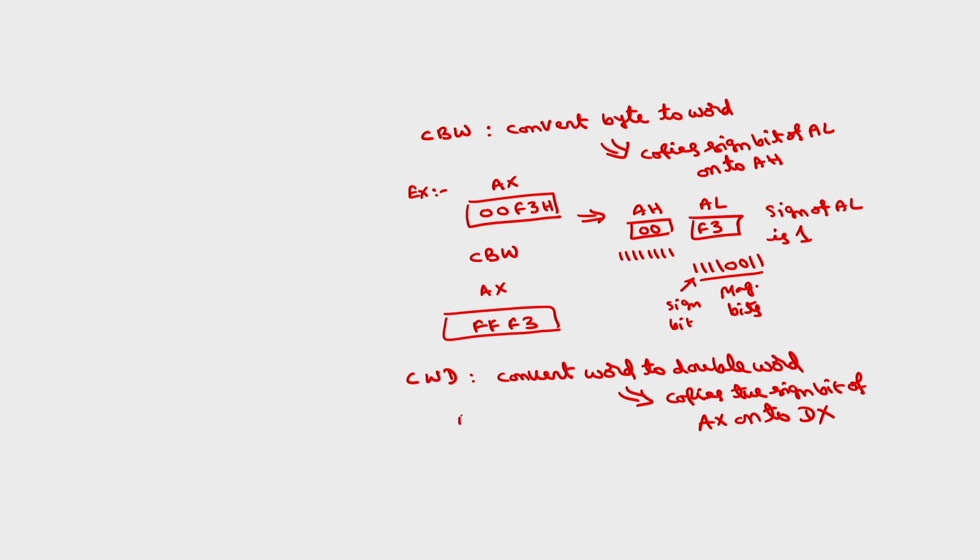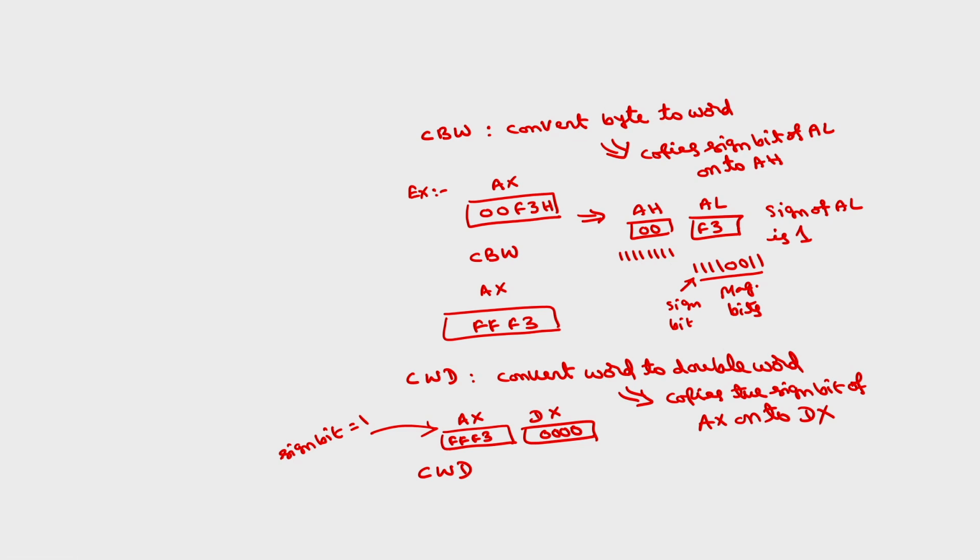If I take, for example, AX as FFF3 and DX as 0000, these are two 16-bit registers. If I write CWD, what is the sign bit of this? If I take the first F, 4 ones will be there, so the MSB is 1, which is the sign bit.